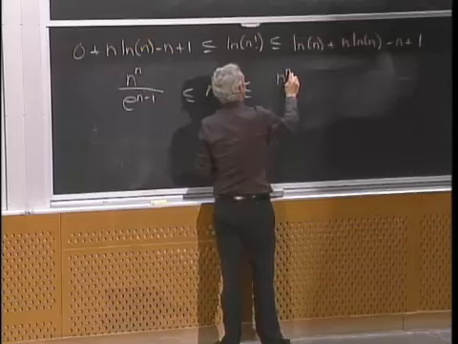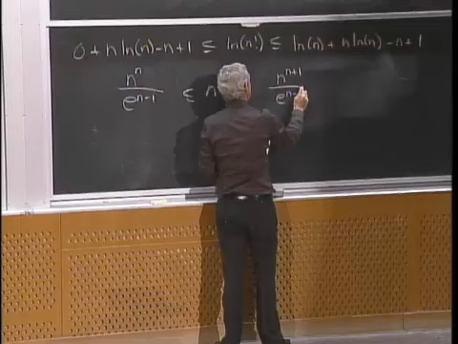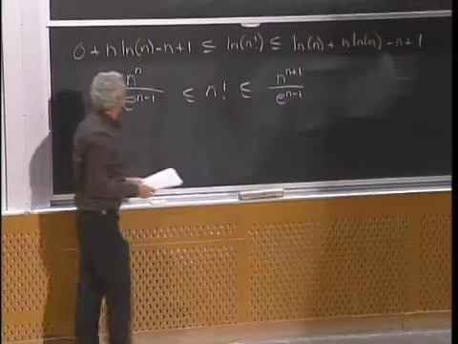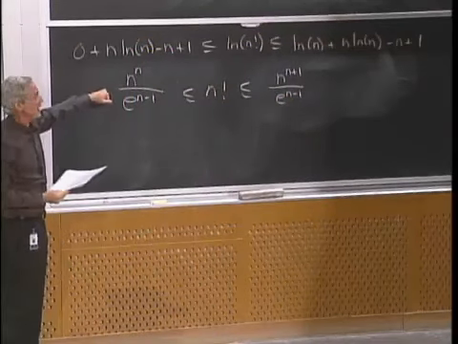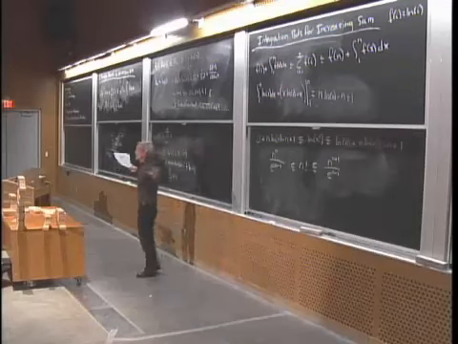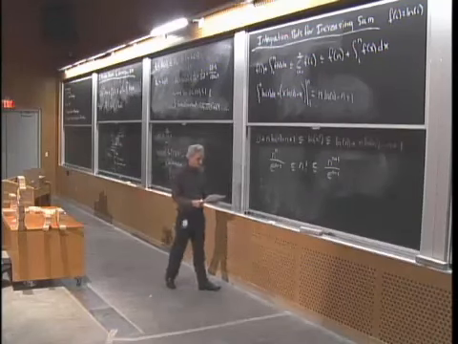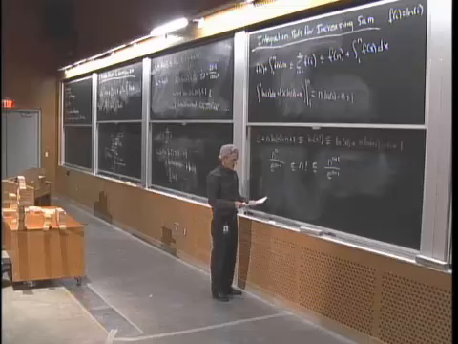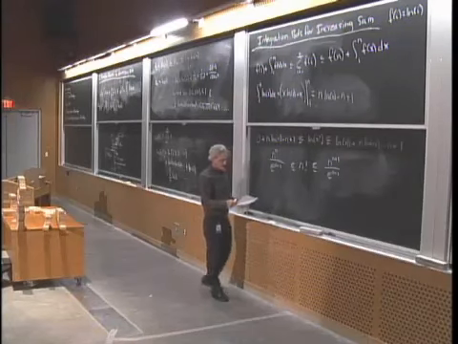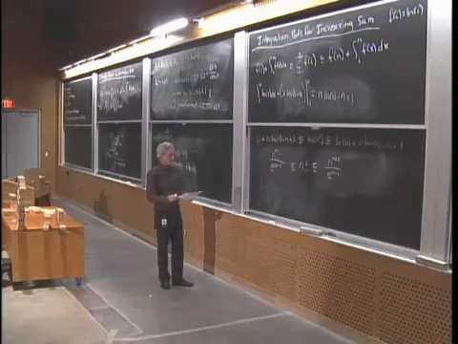So it's n to the n plus 1 over the same thing, e to the n minus 1. So we got very close bounds. They're within a factor of n, which sounds like a lot, but compared to how big n factorial is, not so bad. Pretty good bounds there. It's about, so n factorial is about n over e to the nth power.